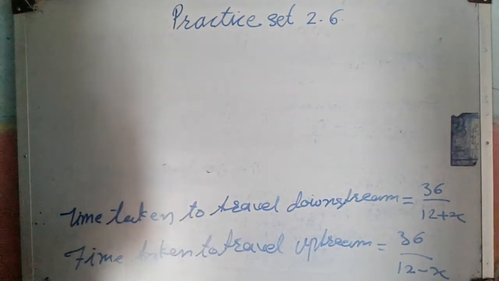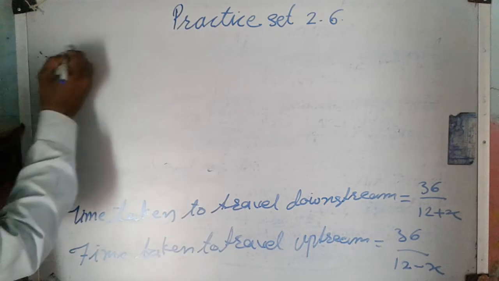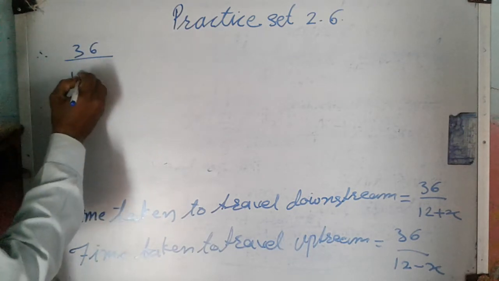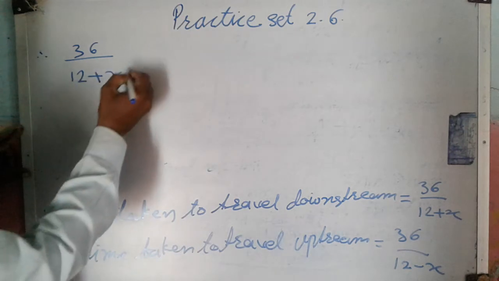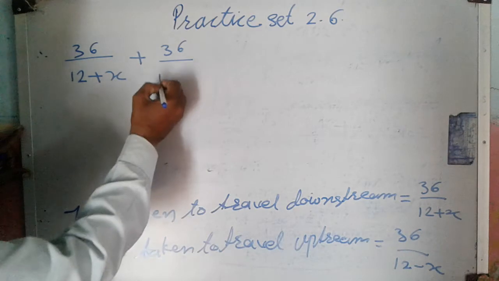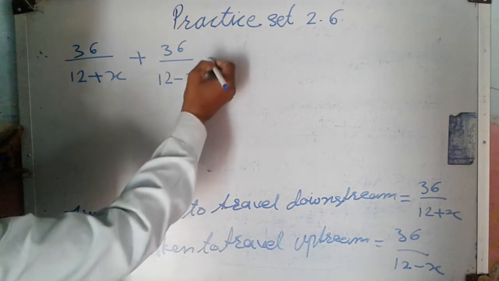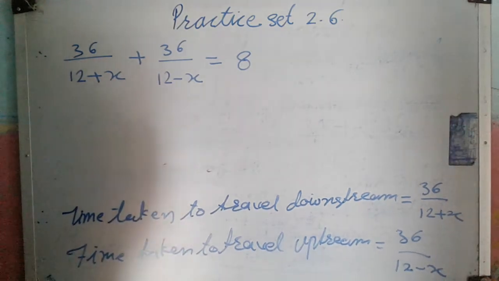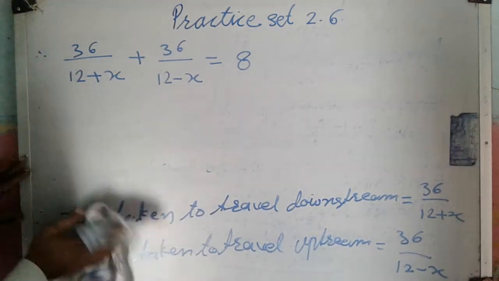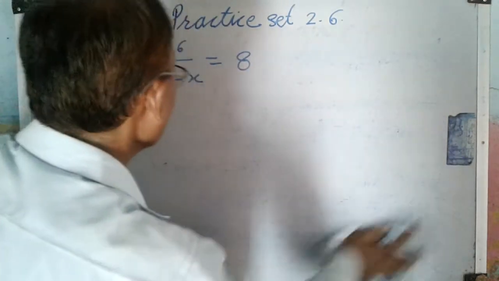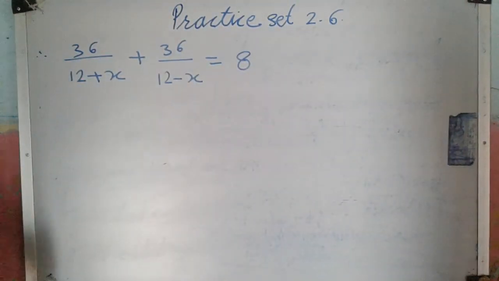Therefore 36 upon 12 plus x plus 36 upon 12 minus x is equal to 8 hours. Now this is our equation. Now we will solve this equation.